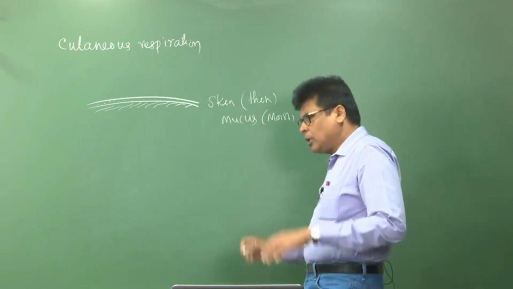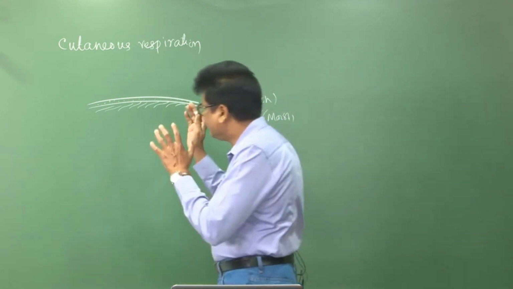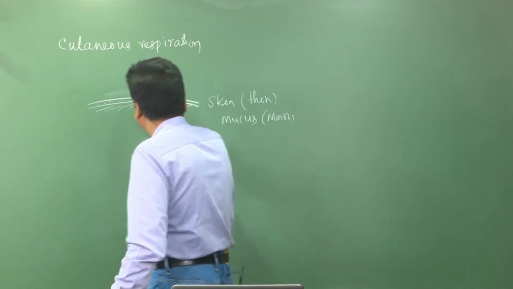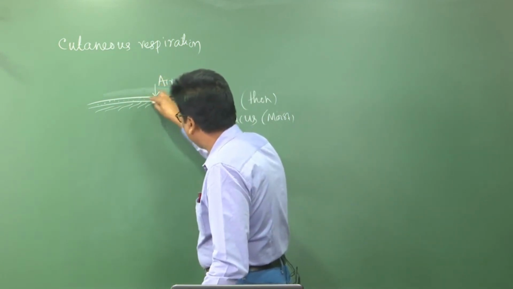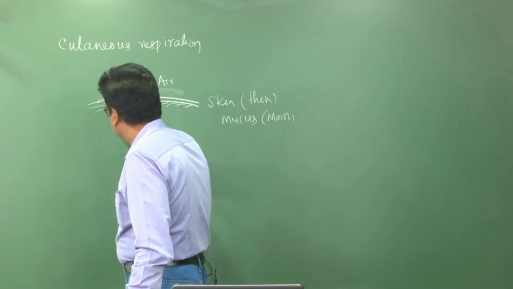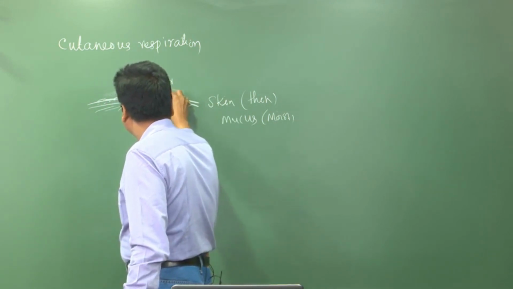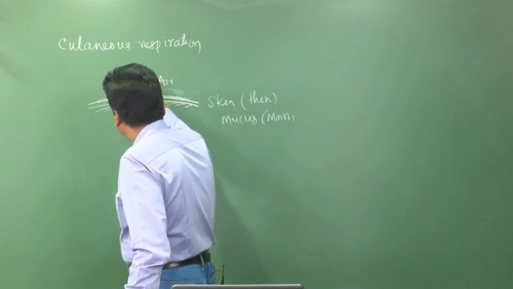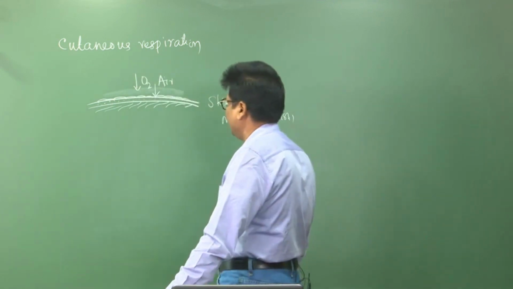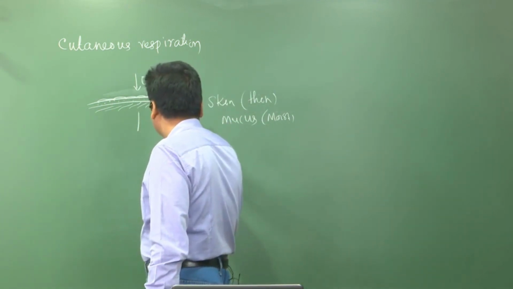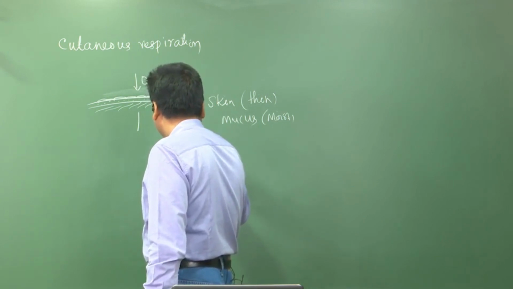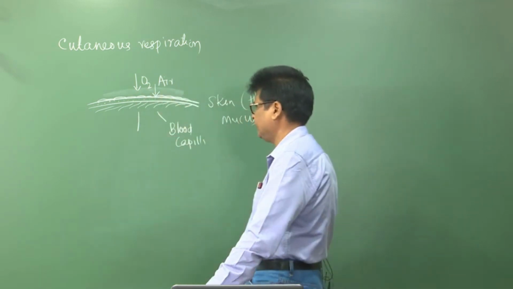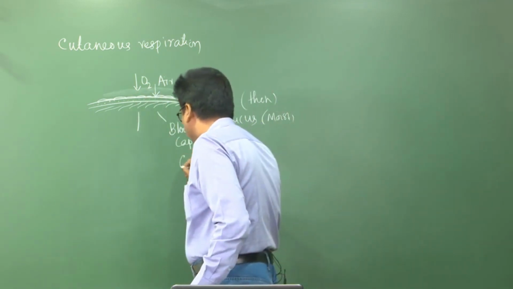Now, whether the frog is in water or in a terrestrial medium, what happens? Whenever air comes in contact with the moist skin, the air dissolves at the skin surface due to its moist nature. Now you see, this side has the air rich in oxygen, and this side are the blood capillaries just beneath the skin, which are rich in carbon dioxide.